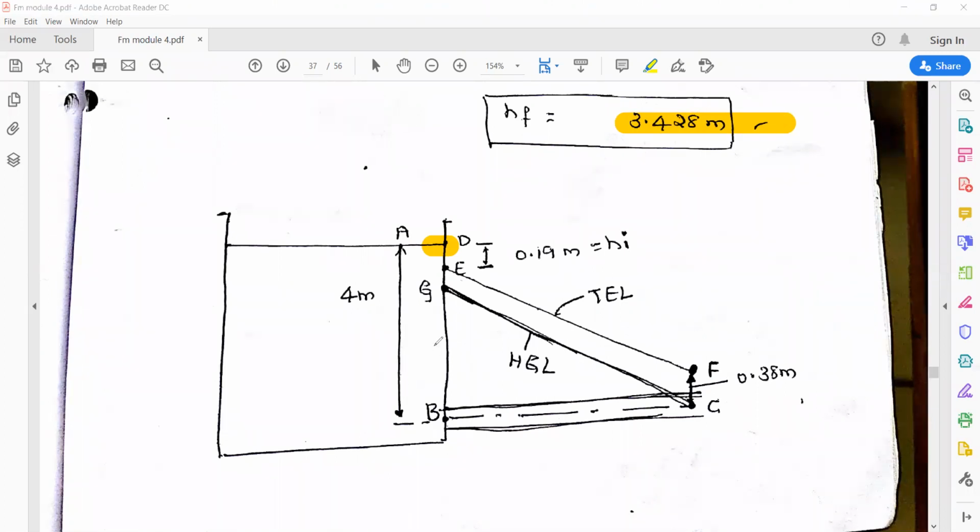As I said, the fluid is entering the pipe, so here there is head loss at the inlet, HI. The value of HI is 0.19 meter.